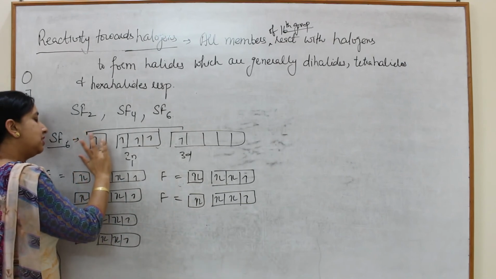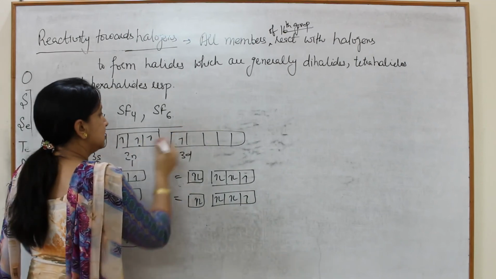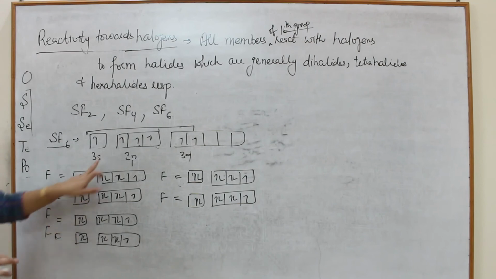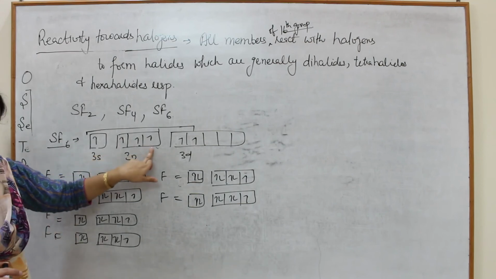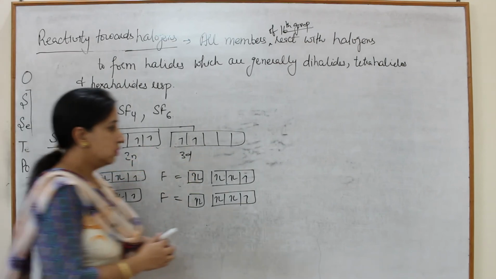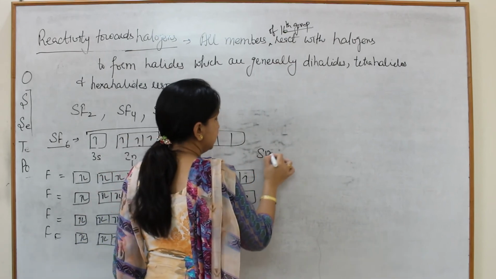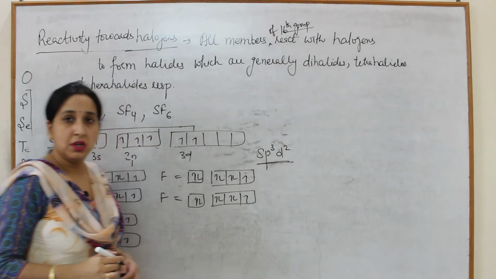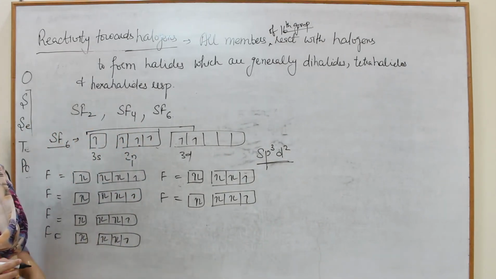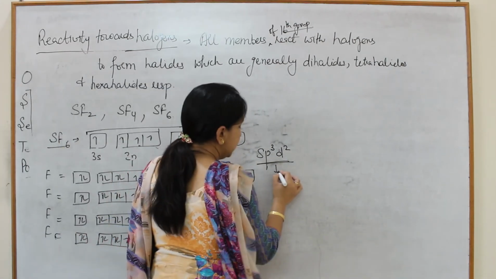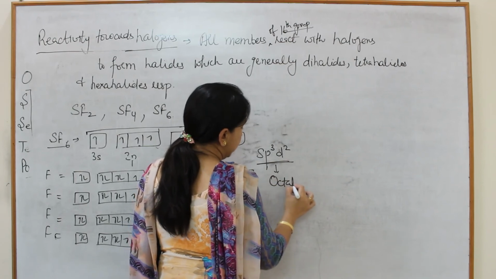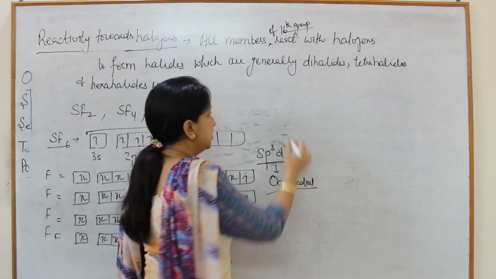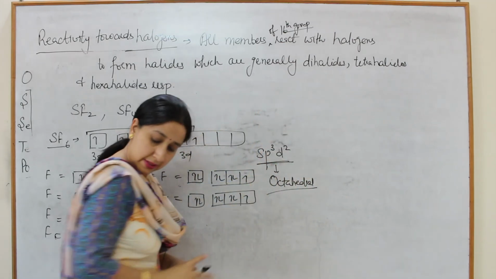So now this electron will also excite like this. Now hybridization will be sp3d2, and for sp3d2 the shape is octahedral.